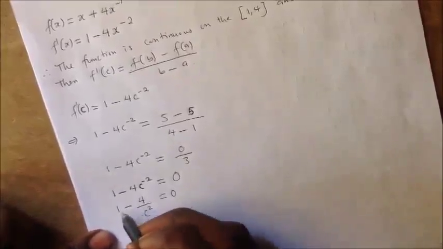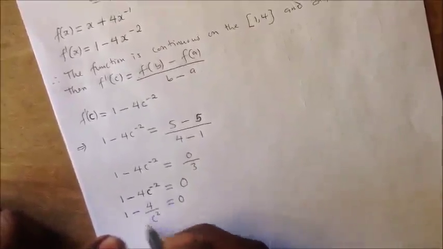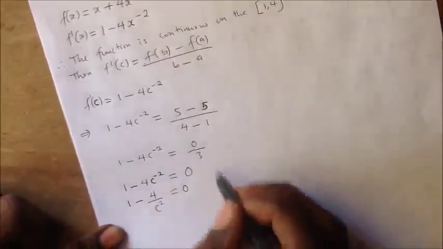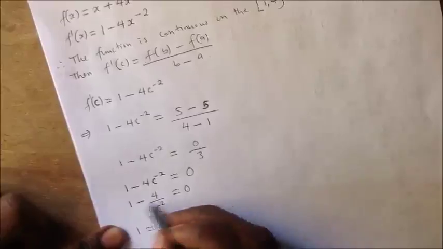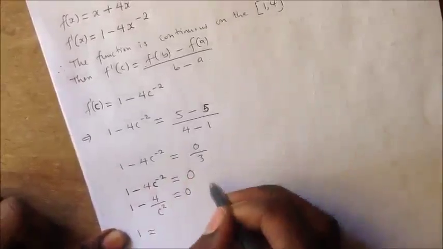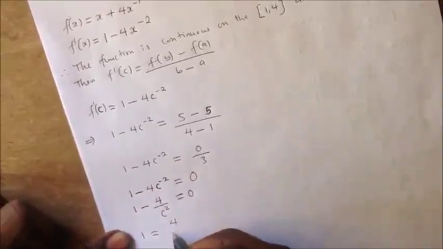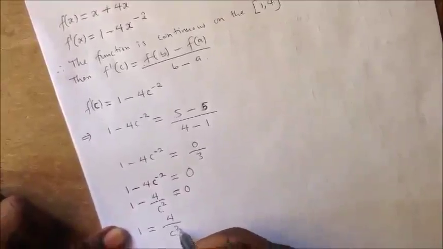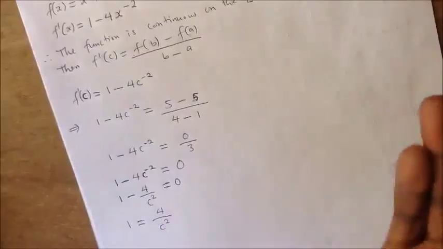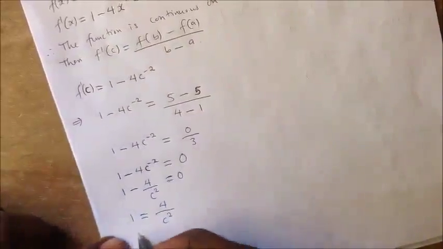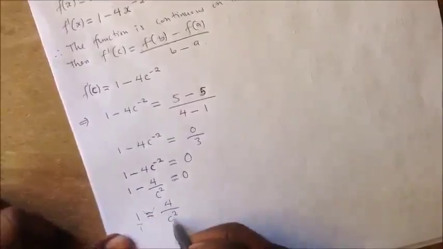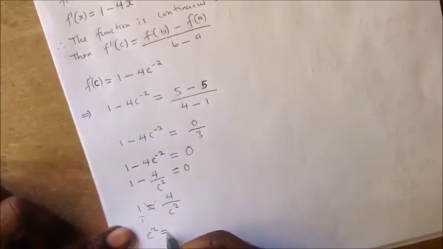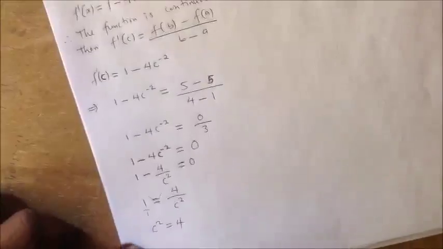Since we are looking for c, and the term that contains c has a negative sign, we take it to the other side to become positive. So 1 is equal to 4 divided by c squared. We have one term on the left and one term on the right, so we can cross multiply. 1 times c squared is c squared, equal to 1 times 4, which is 4.